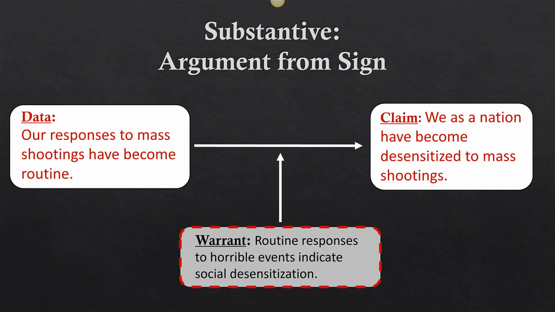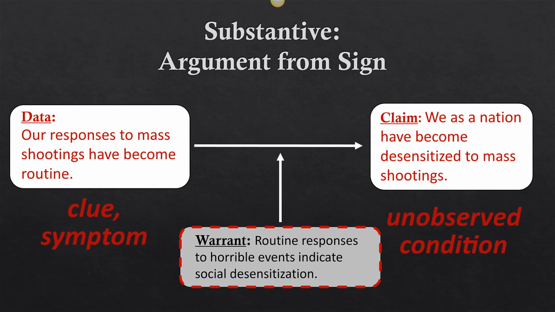Where is the massive grief? The fact that we're just responding in a routine way indicates that somehow we've checked out, that we're numb to these things. Heaven forbid we're getting used to it in our nation. And so because we're desensitized, as he goes on to argue, there isn't sufficient motivation to actually try to do something to solve the problem.